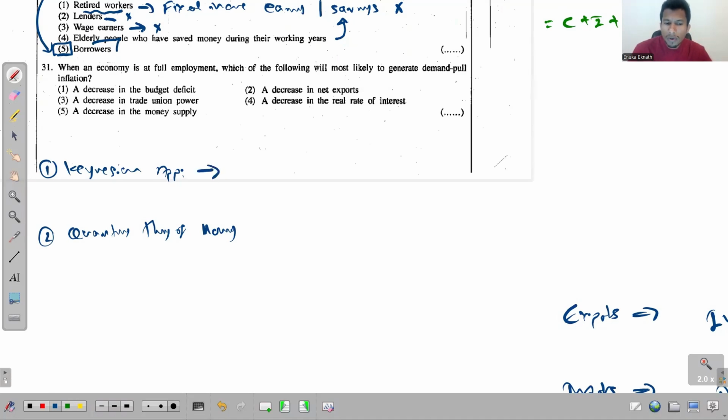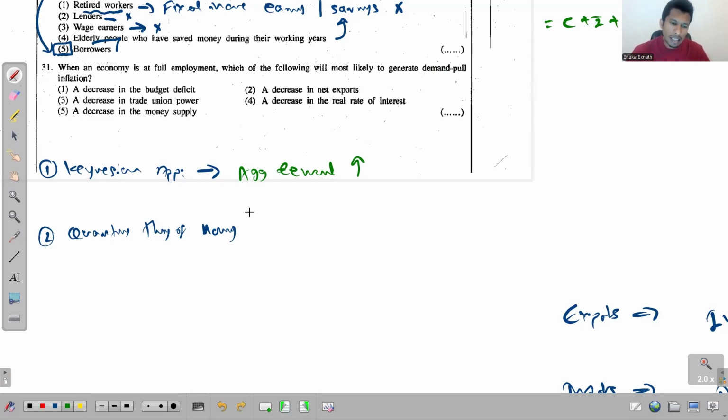So if you look at the first one, the Keynesian approach, there we say if the aggregate demand increases beyond the level needed to maintain this full employment level of national income, it will create a demand pull inflation.